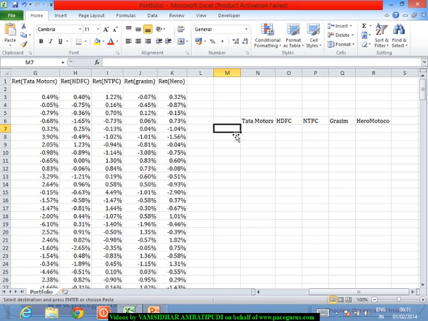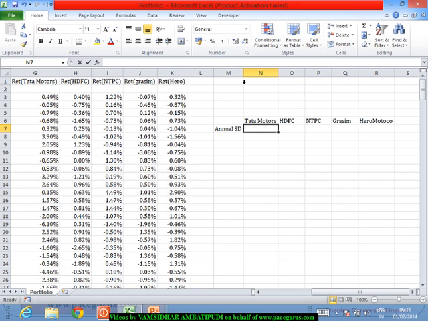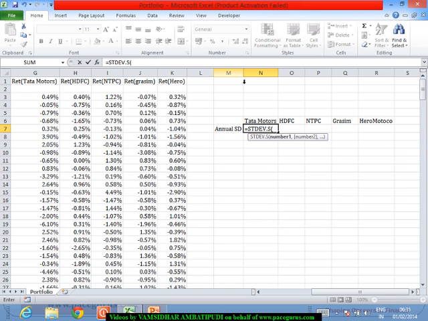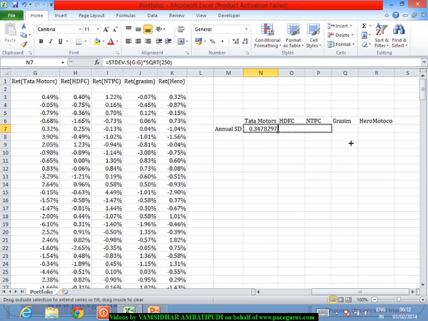Either I take the daily standard deviation and multiply it by the square root of 250 or 252, or I directly use the annual standard deviation. So the annual standard deviation comes out to be this number for these 5 securities.